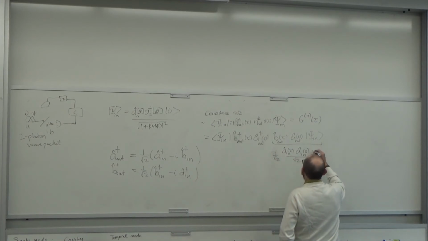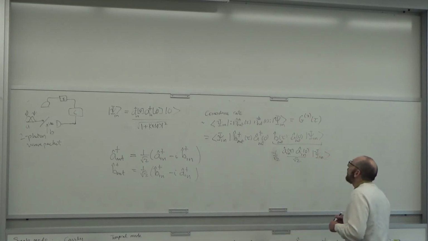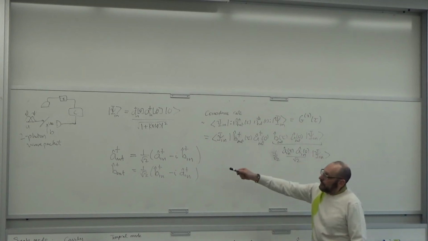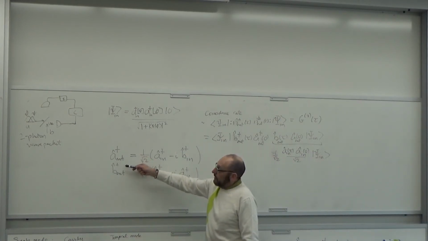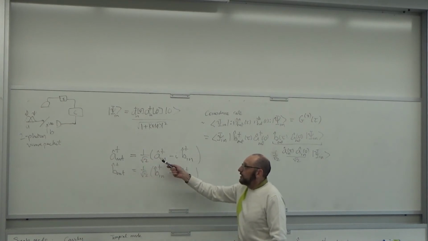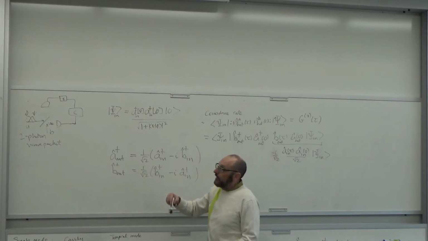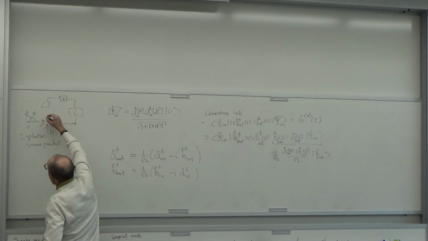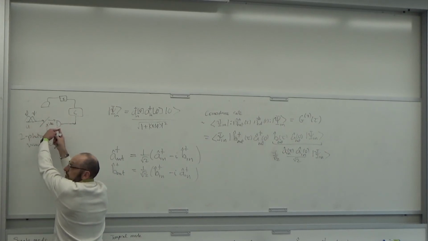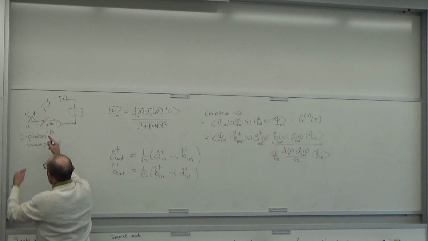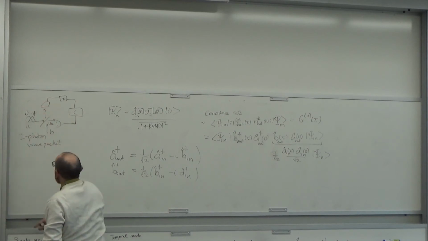Acting on psi in. Should one of those be a B? No, they're all A's. The A's and B's out are related to A's and B's in, right? So the part that comes out here is a linear combination of this, and the part that goes here is another different linear combination.